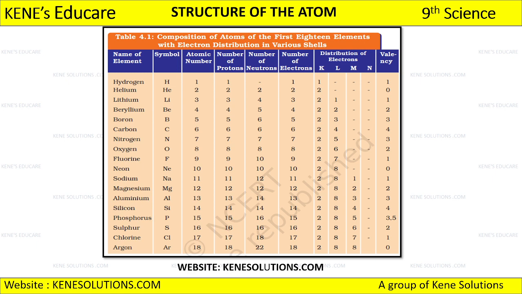Not only the valency, it has the name of the element, the symbol, the atomic number, number of protons, number of neutrons, number of electrons, along with how the electrons are distributed in the K shell, L shell, M and N shell, and the valency they have been provided over here. We'll study that in detail.